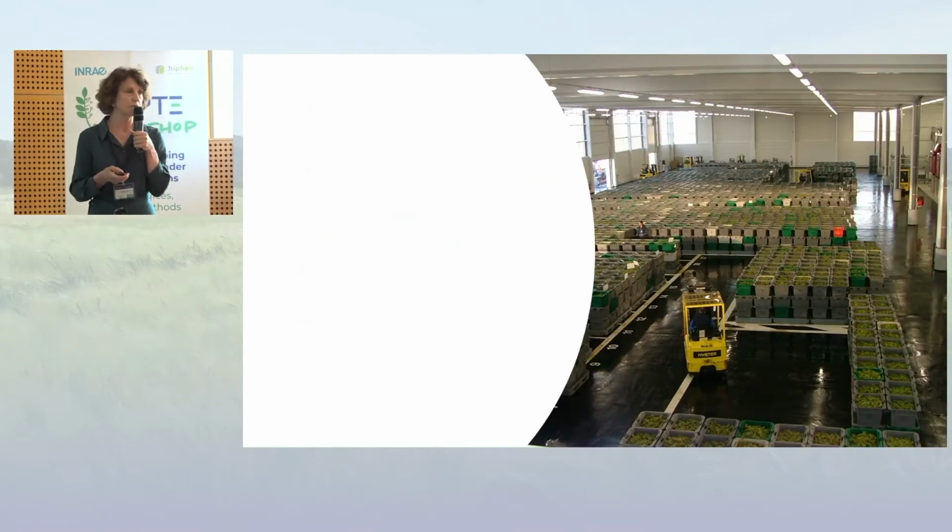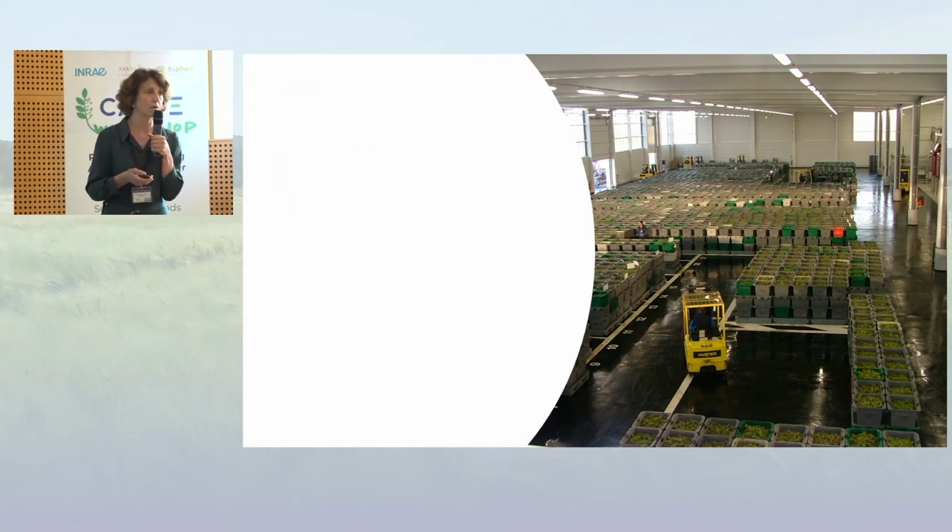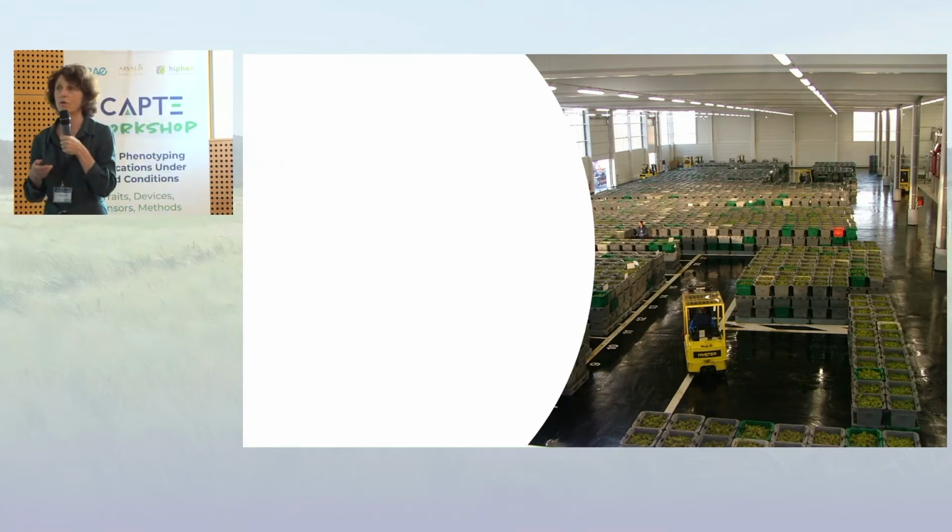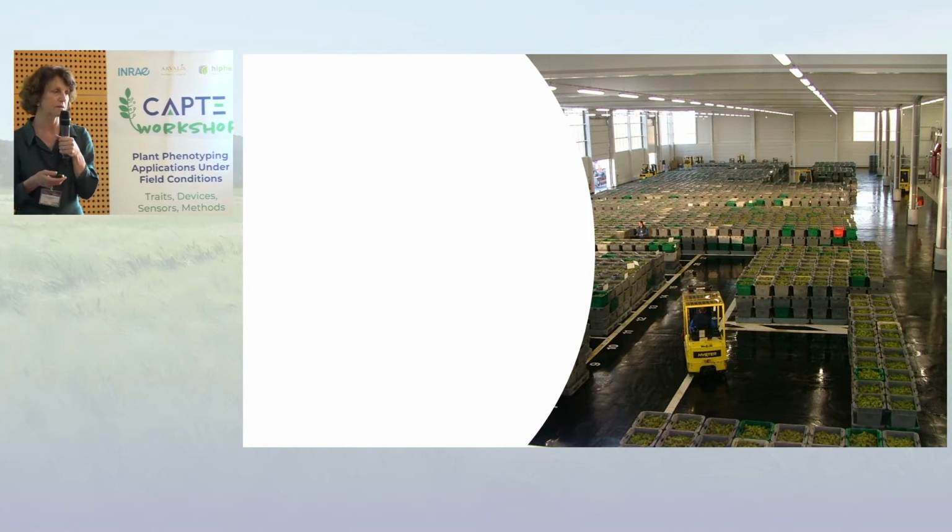This picture gives you an idea of what an industrial press center is. In this center, for example, we press about 500 to 600,000 kilos per day. So still this problematic of logistics, of rapidity to manage all these baskets to get good quality.